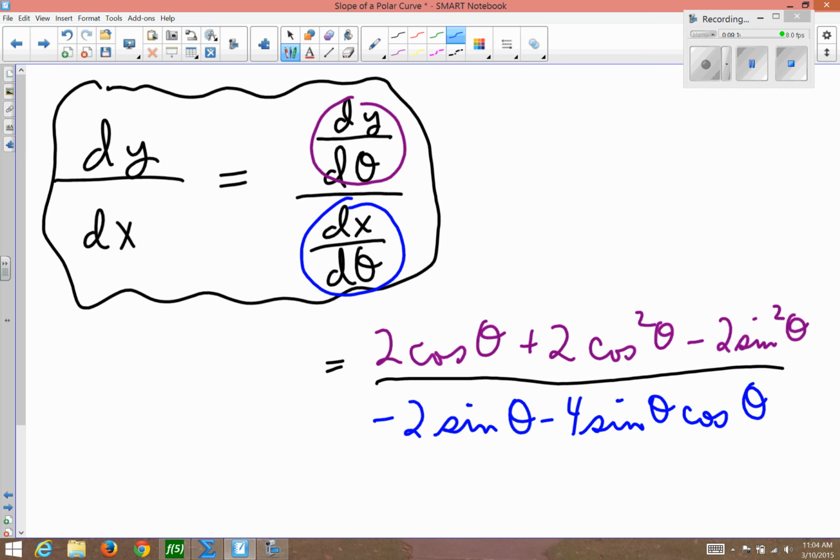So we had y equals something with thetas. We found dy d theta using product rule. We had x equals a function of theta. We found dx d theta using the product rule. And then we need this because this is dy dx.